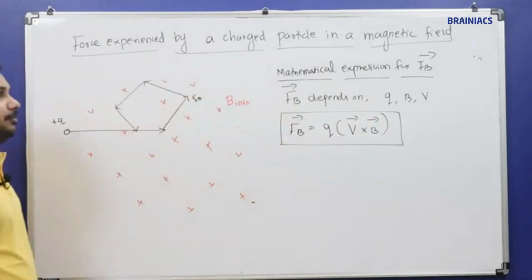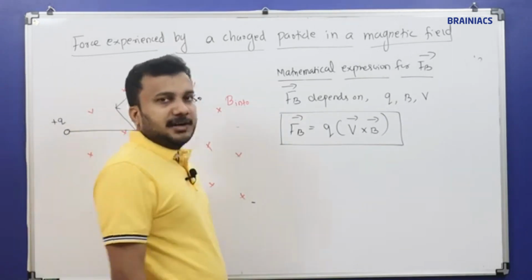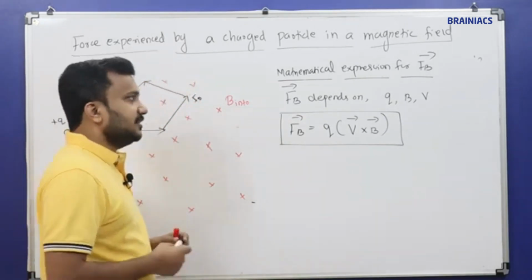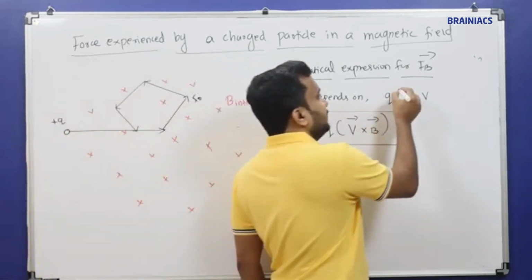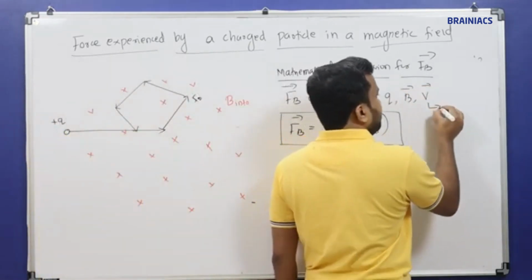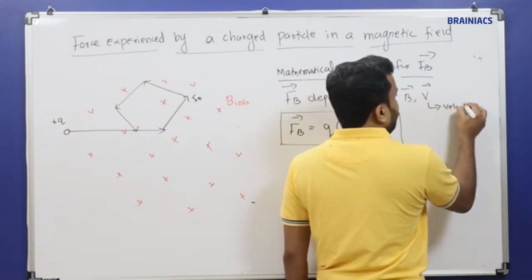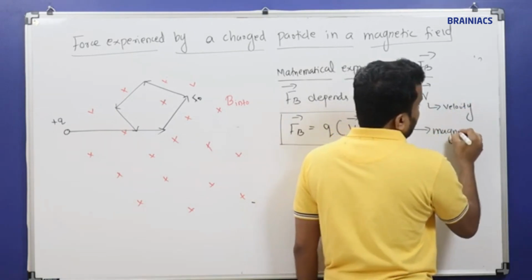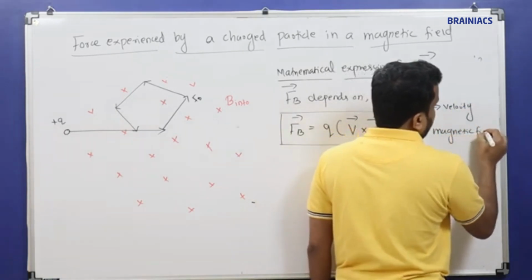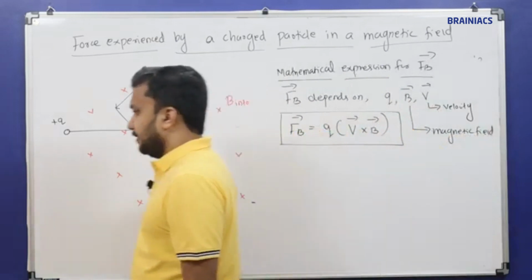Mathematical expression for the magnetic force FB. FB depends upon the charge. Charge is a scalar quantity. Velocity and magnetic field, these two are vector quantities. This is velocity, if you don't know, you can write it, else you can skip it. And this is called the magnetic field.